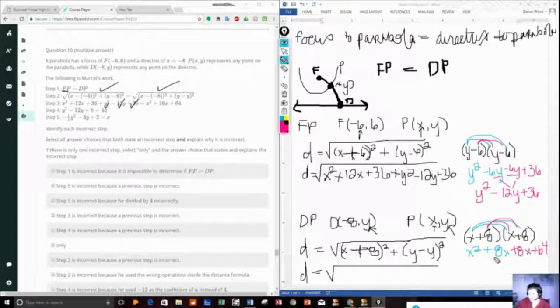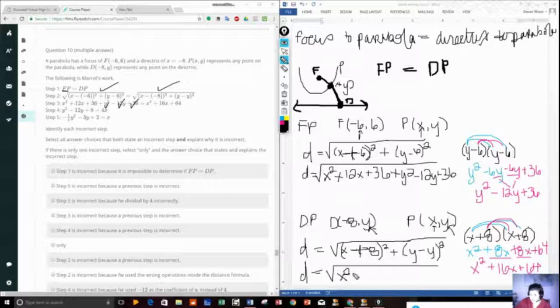Alright, so then we're going to combine like terms, and positive 8x and positive 8x are our like terms. So we have x squared plus 16x plus 64. Alright, so that is what should be in our distance formula first.